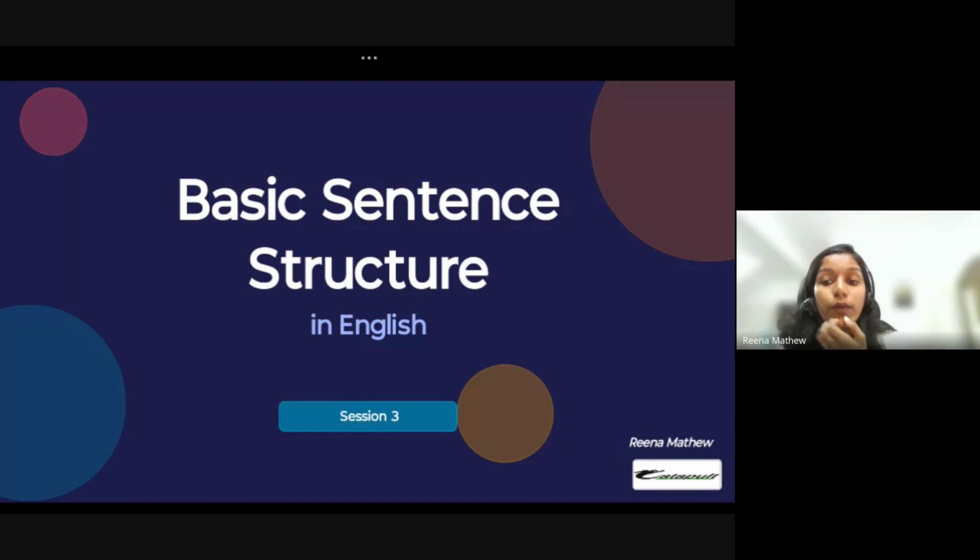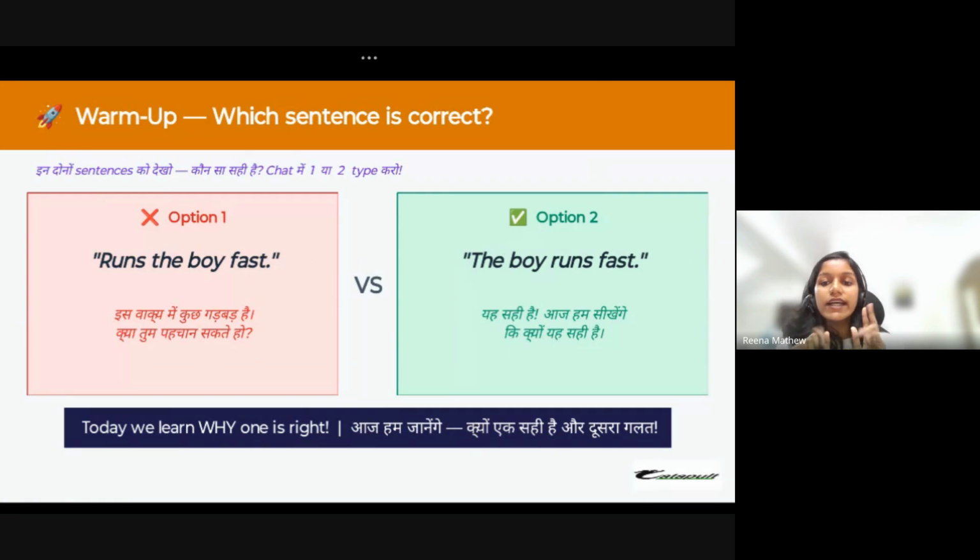Okay. So now we are going to learn basic sentence structure. After this class, I hope you all will start doing your homework, without copying. So look at the two sentences. Now look at the two options.